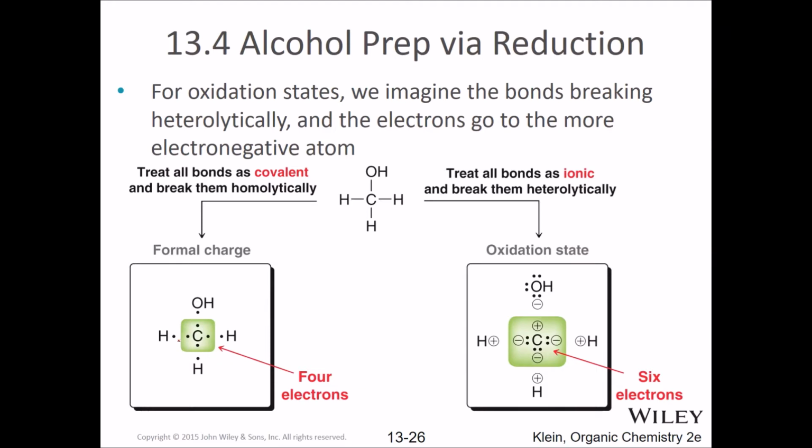There's a carbon-hydrogen bond, carbon-oxygen bond, carbon-oxygen bond, right? And carbon gets half of the shared, and all of its unshared, but there were no unshared. And it comes in with 4 electrons because its valence number is 4, right? And so the formal charge of carbon here is 0.